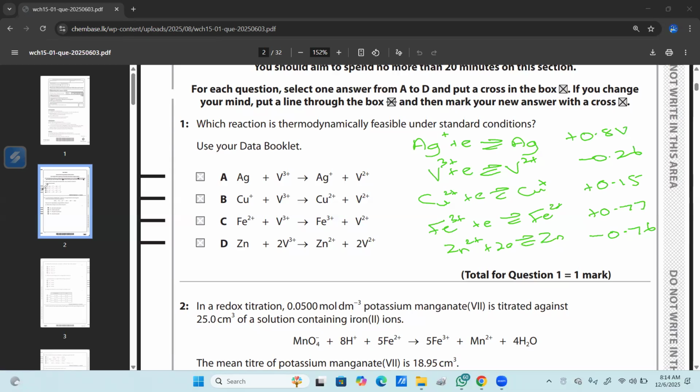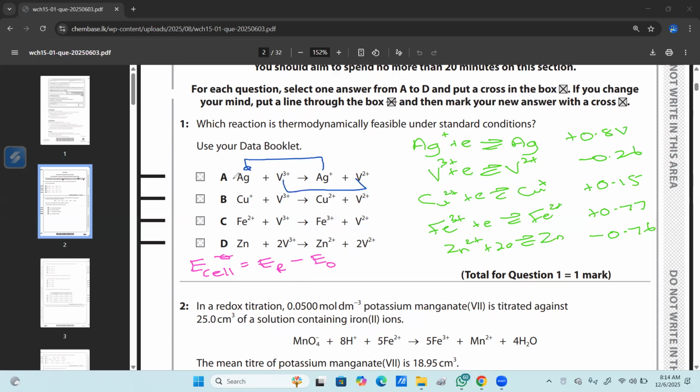Now we are going to find the E0 cell for each reaction. We know E0 cell is given by E right hand minus E left hand. So when I'm using that equation, I will change it to E reduction minus E oxidation. In the reaction, we have to find which one is undergoing oxidation and which one is undergoing reduction.